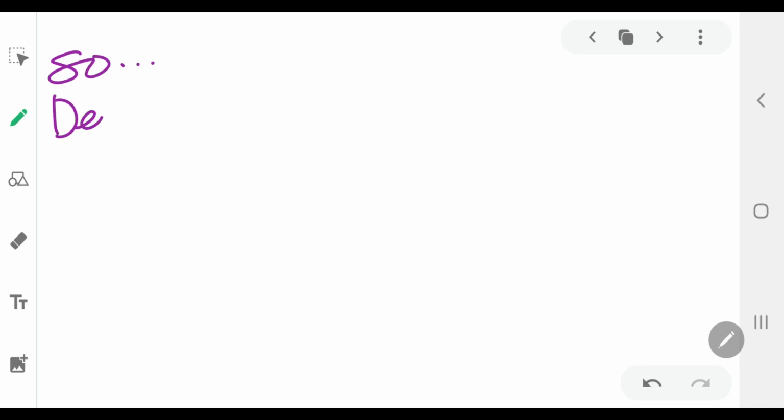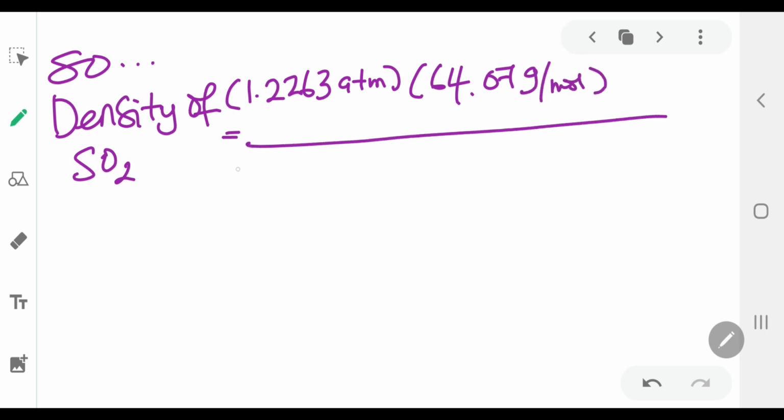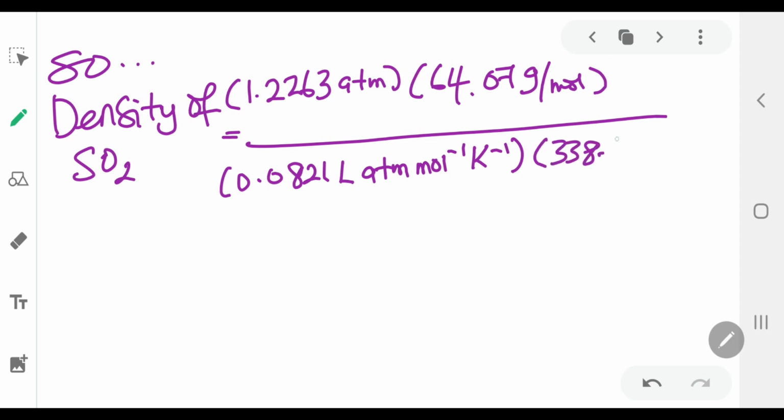The density of SO2, what we can get is 1.2263 ATM times 64.07 gram per mole over 0.0821 liter ATM per mole per Kelvin, and you have 338.15 Kelvin.